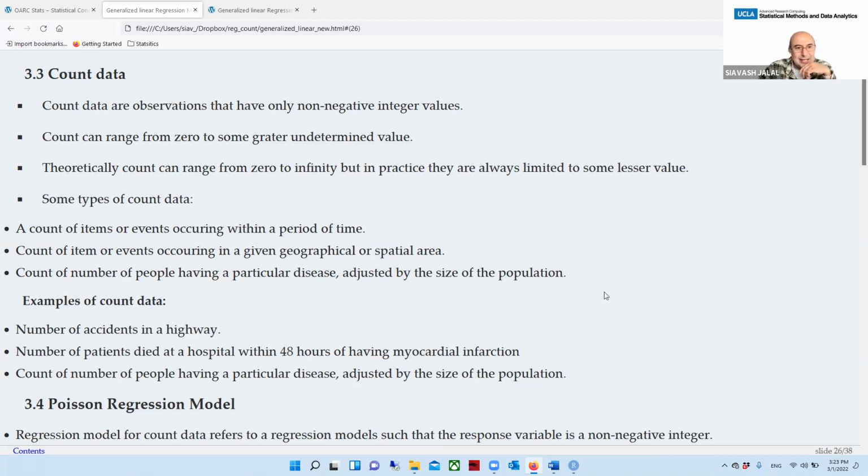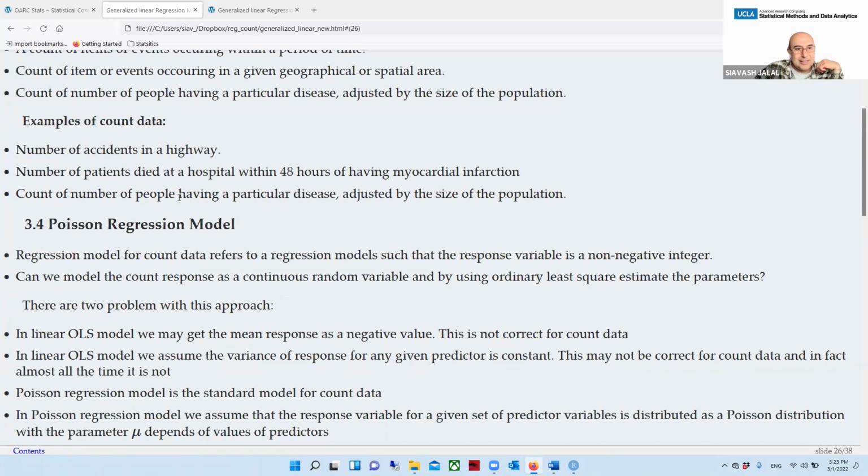The type of count data is the count of items or events occurring within a period of time, right? Or number of accidents. And number of events occurring in a given geographical area, right? Or a number of people having a particular disease. That's why it's very useful to be able to estimate these models more accurately than linear models.